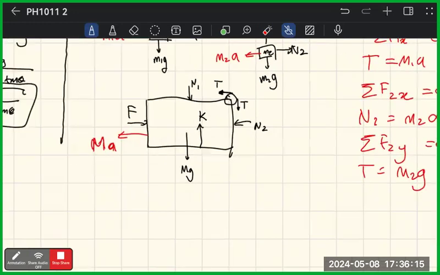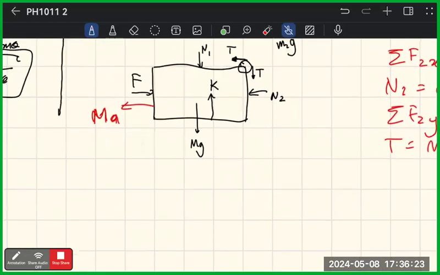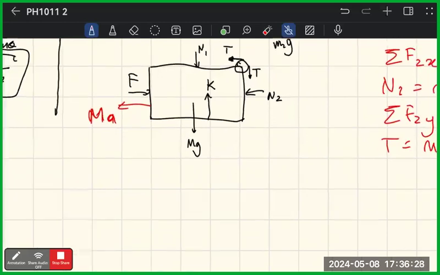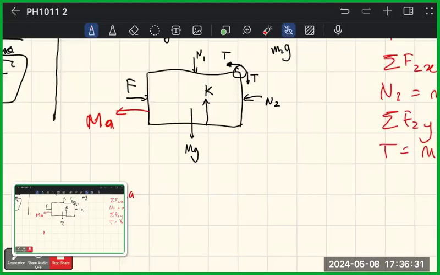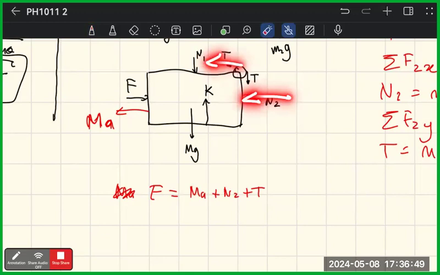So just draw this big M, and on the horizontal axis we'll have Ma. F is going rightward. It's only F that is going rightward, equal to Ma plus N2 plus T, because going leftwards we have N2, T here, and big Ma.